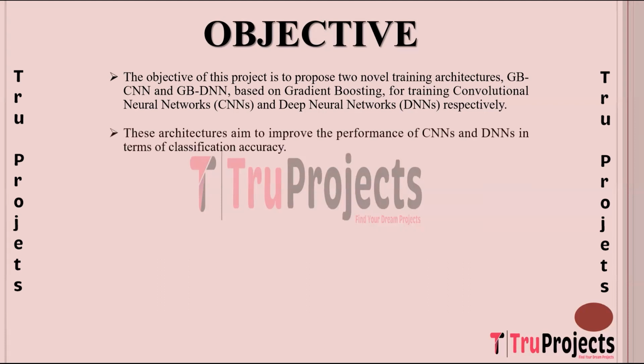The key aim of implementing GBCNN and GBDNN is to enhance the performance metrics, particularly the classification accuracy of CNNs and DNNs. By utilizing the boosting methodology, these architectures target improved accuracy over traditional CNN and DNN models.